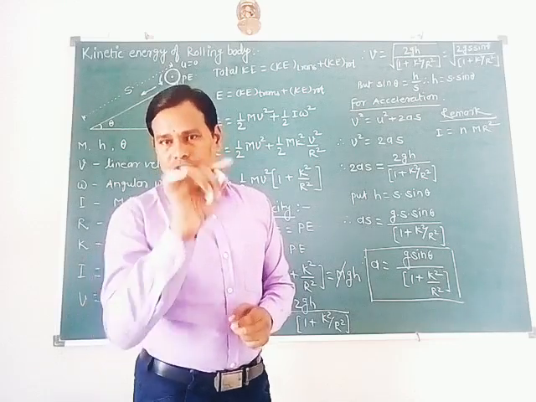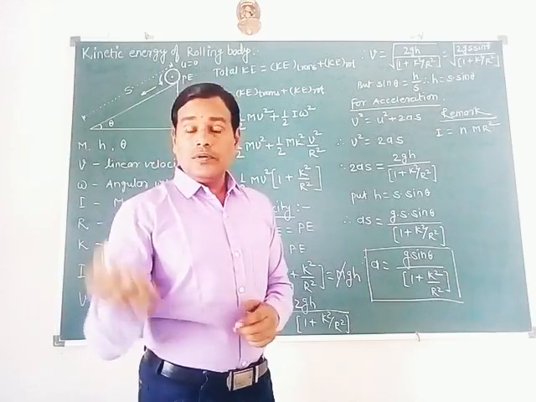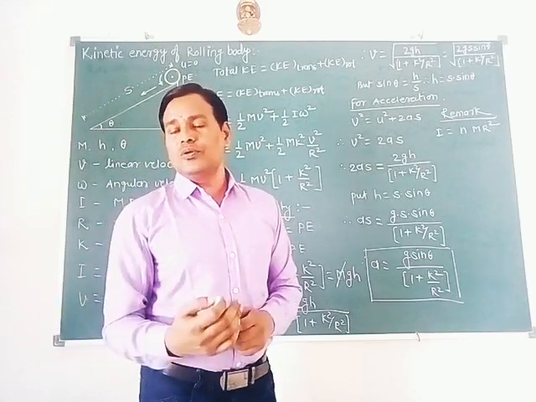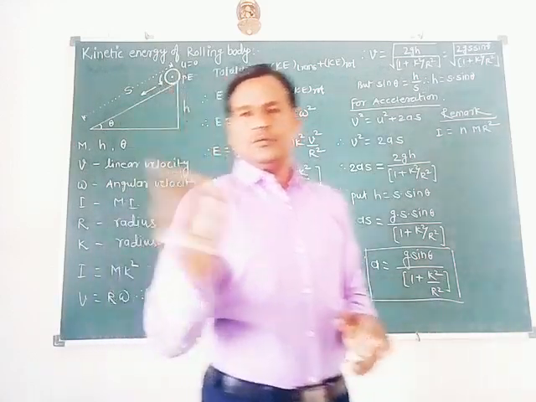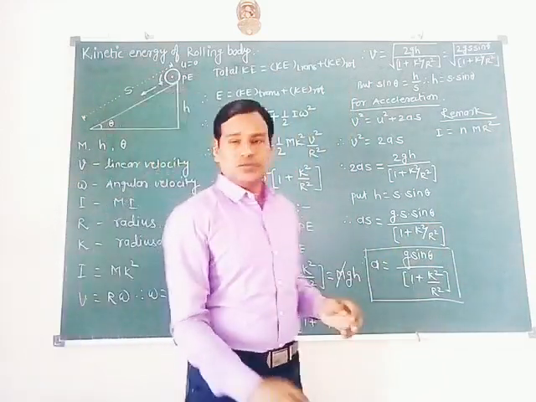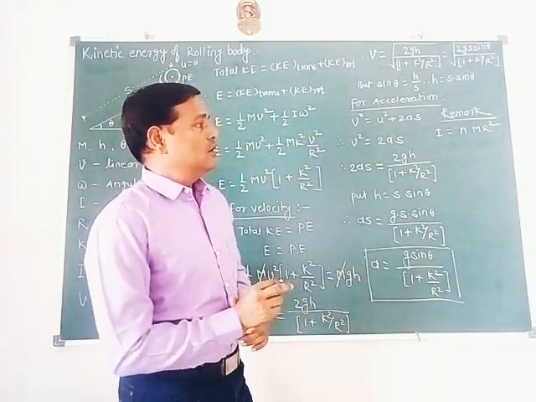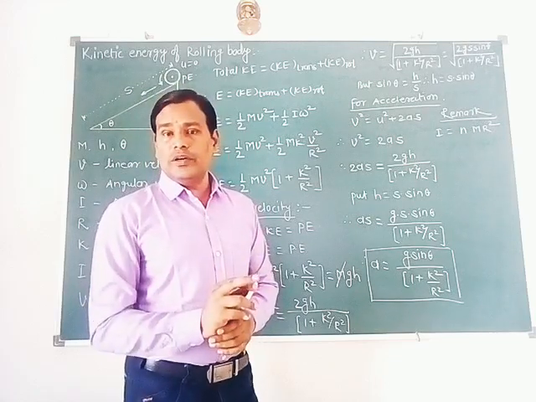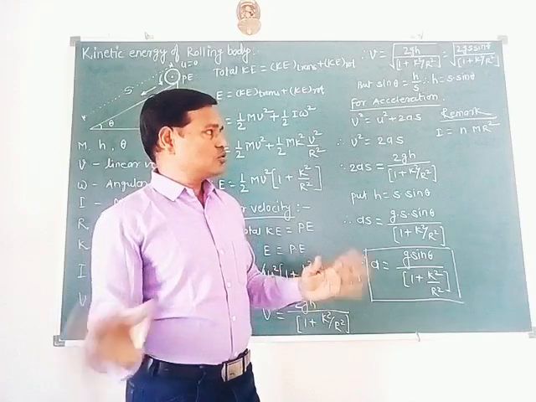For disc it is 1 by 2, for sphere 2 by 5, hollow sphere 2 by 3. That we have to obtain in the next lecture. We will study the values. For ring it is just 1, mr square, for solid cylinder and so on.